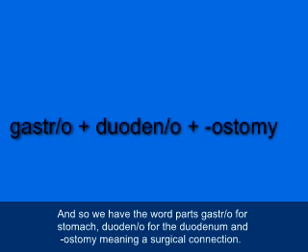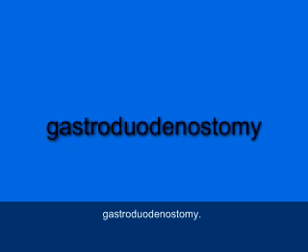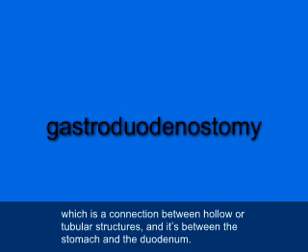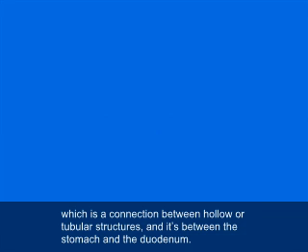And so we have the word parts gastro for stomach, duodeno for the duodenum, and ostomy meaning a surgical connection. Gastroduodenostomy. And again, the key idea to identify this one is we're making an anastomosis, which is a connection between hollow tubular structures, and it's between the stomach and the duodenum.